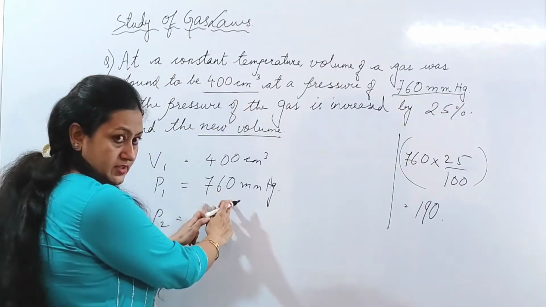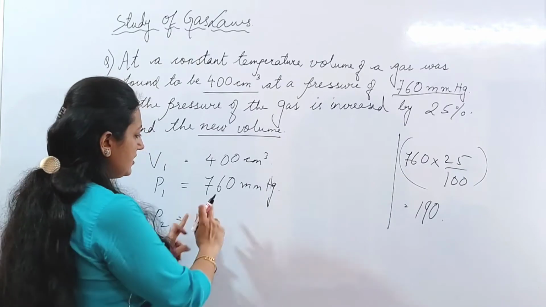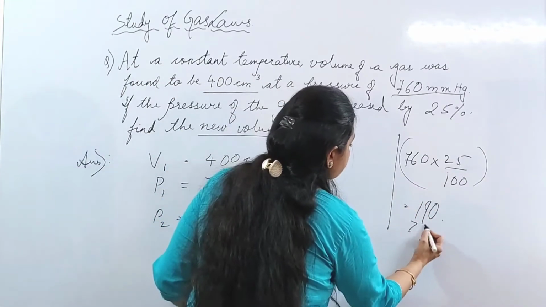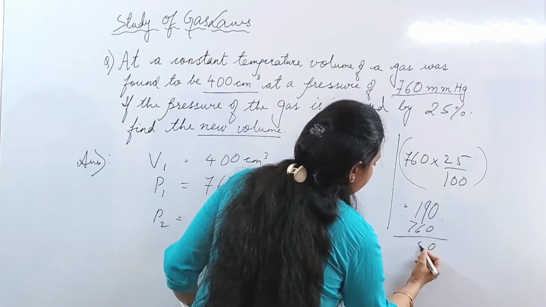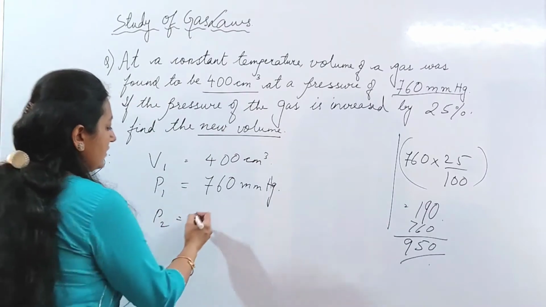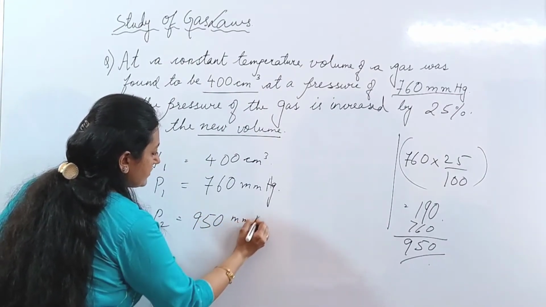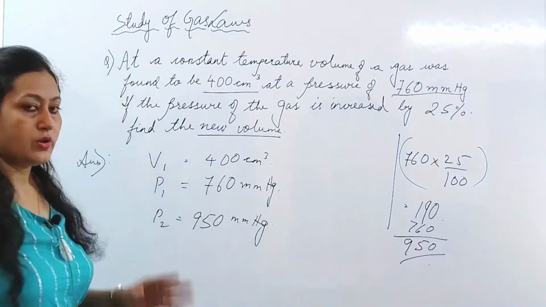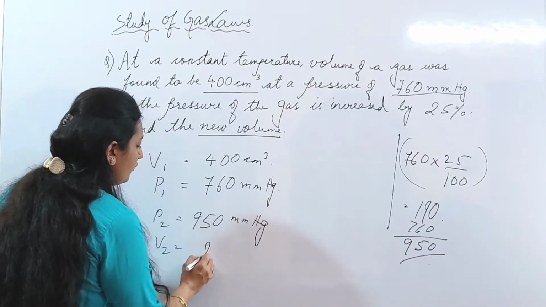That means 760 plus the 25% of 760. So it is 190 plus 760 and you get 950. So P2 is 950 mmHg. What you have to find? You have to find V2. That is the new volume.